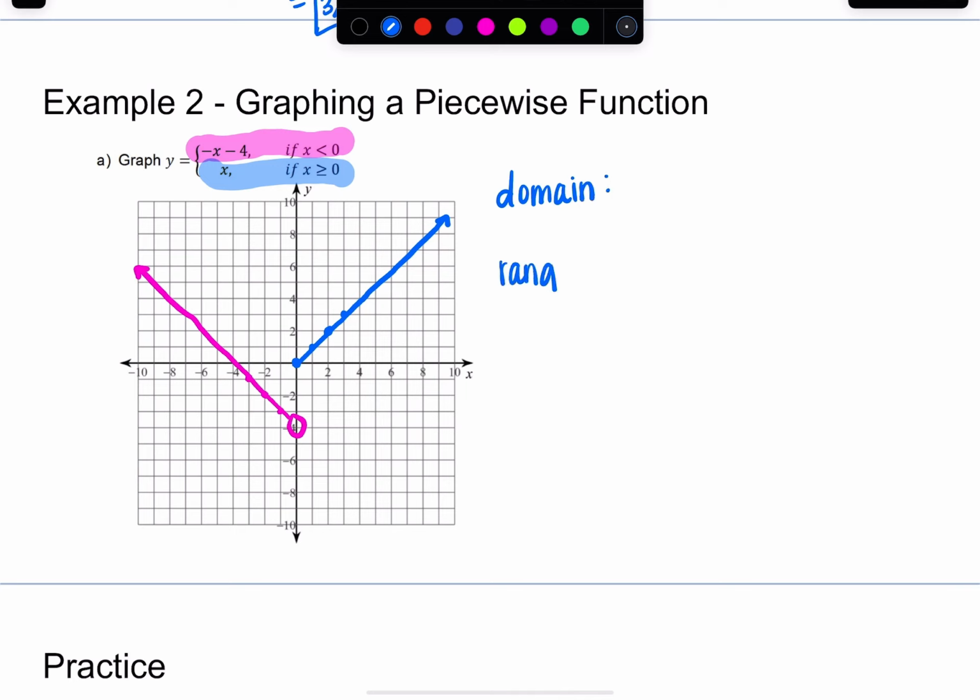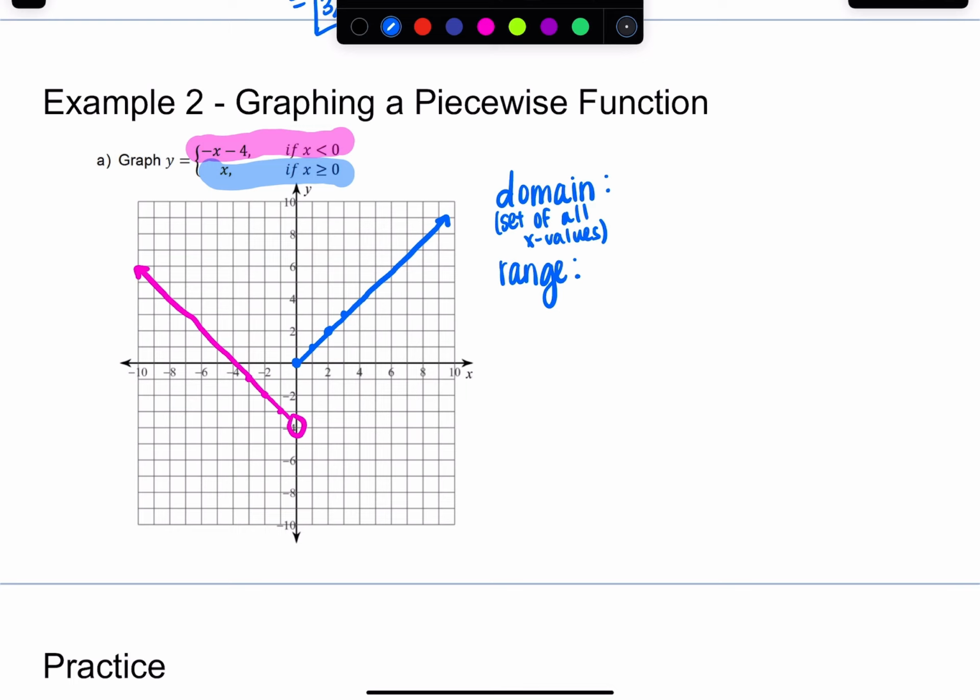So I have to find domain and range first. Domain is the set of all x values. So when I talk about x values, I'm talking about that horizontal axis. I'm looking from left to right. And if I look from left to right, I'm going to trace this. I have a point everywhere here, right? And then I jump up here, and I keep going, and I still have a point.